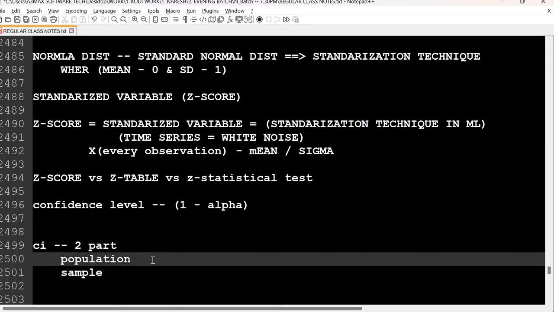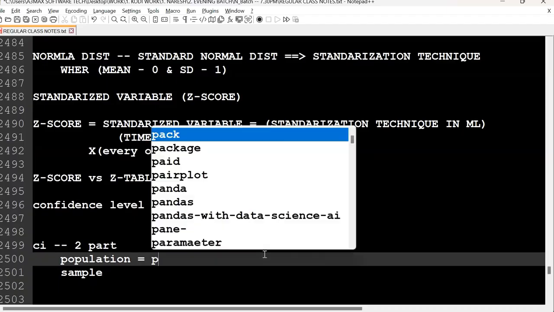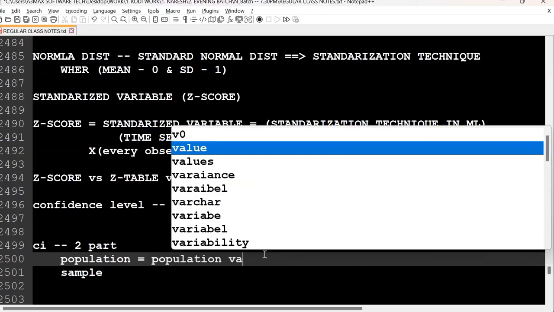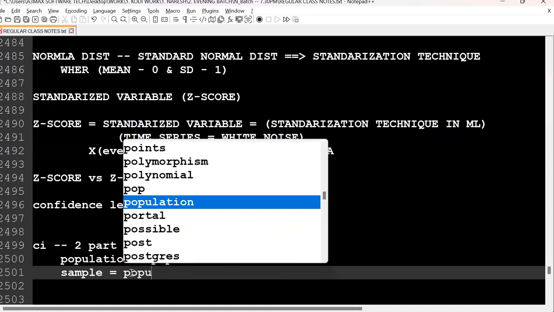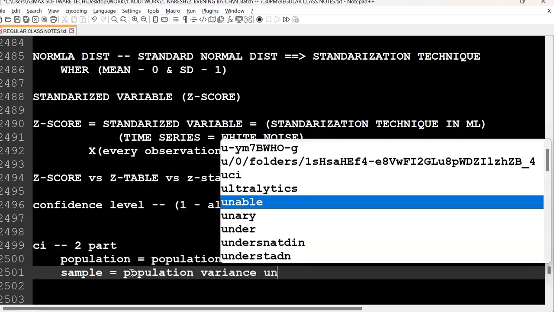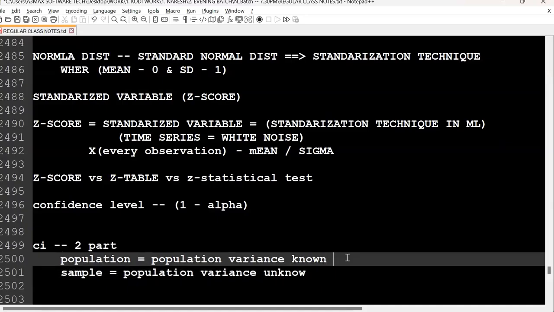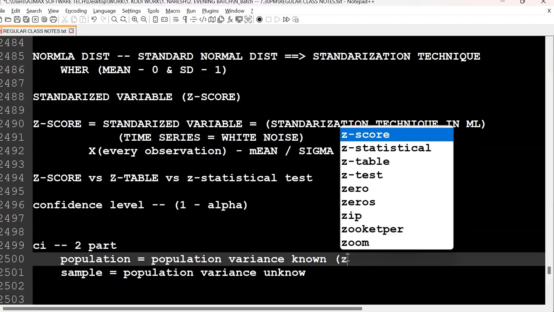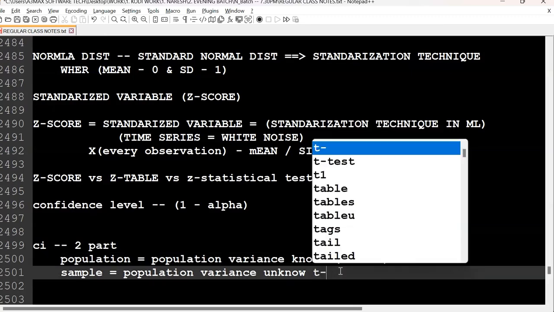For population, we call it population variance known, and for sample, population variance unknown. Understand? Population variance known we call the Z-test. Sample variance unknown we call the T-test.